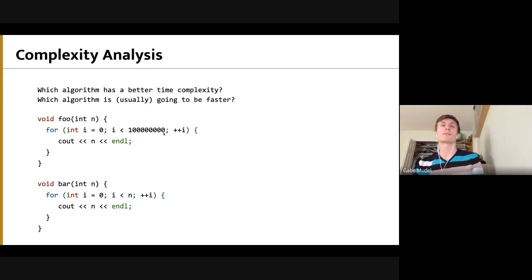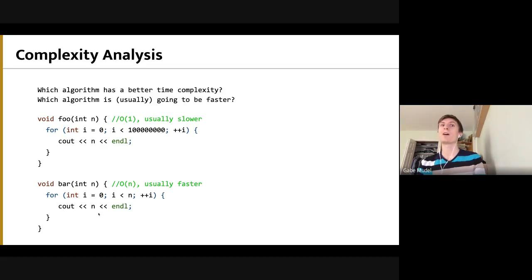Yeah. So if we look at the next slide, Evan, you're correct. The top one is usually going to be slower, and then the bottom one is usually going to be faster. Unless we pass a huge number into bar, foo is usually going to be slower, but it's actually an O of 1 algorithm because it's always printing out this number 100 million times, right?